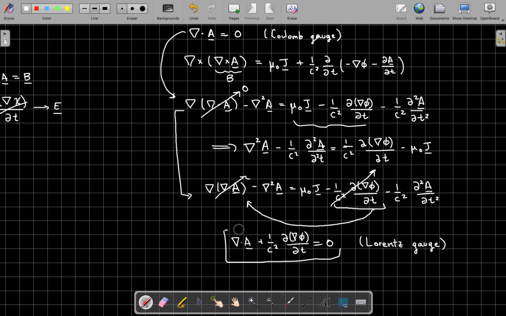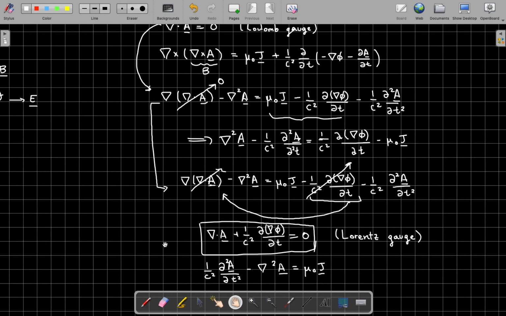And so what I'm left with is 1 over c squared second derivative of A with respect to time, minus Laplacian of A is equal to mu 0 j.